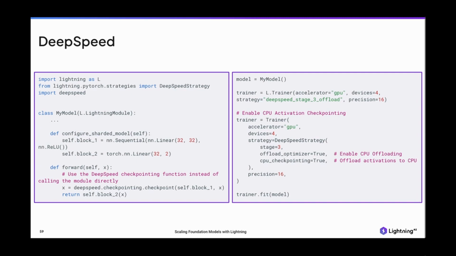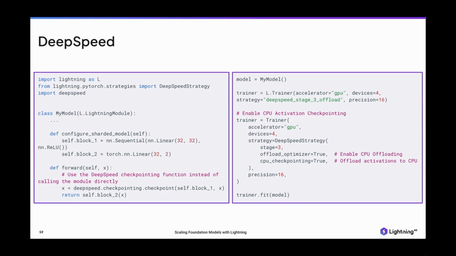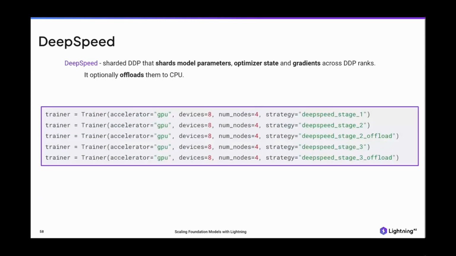Yeah. Can I have a question? Yes. When you go one slide back about the devices, number of devices. Yeah, this one. There is a number of devices and number of nodes. Could you explain a little bit of the difference between them? Yeah, for sure. Number of devices is how many devices you have per node, and then how many nodes you have in your cluster.